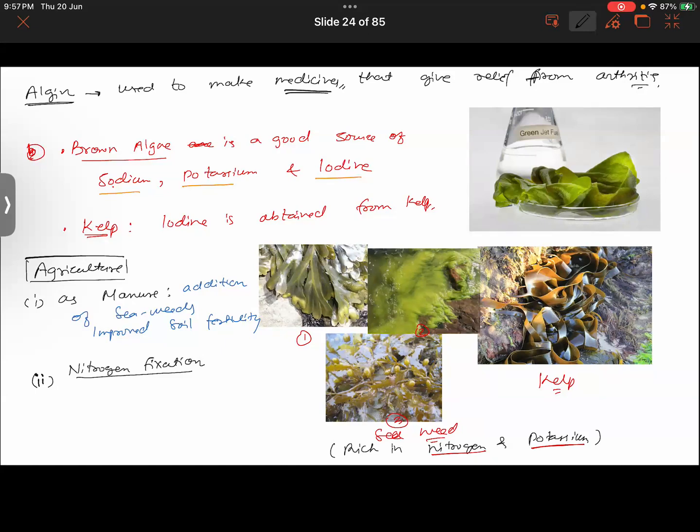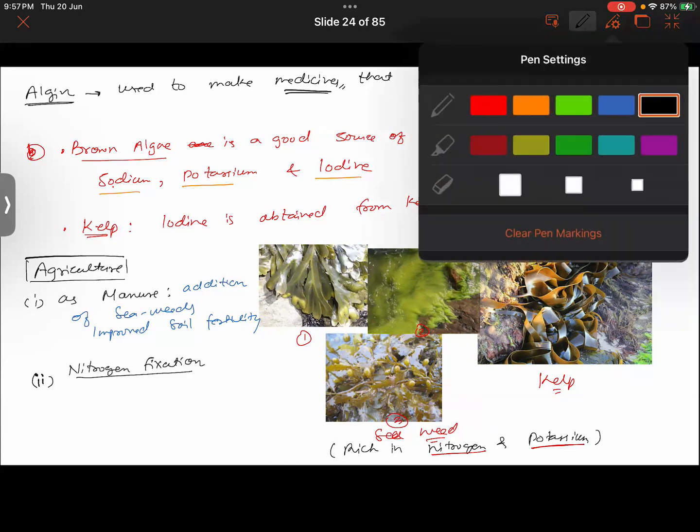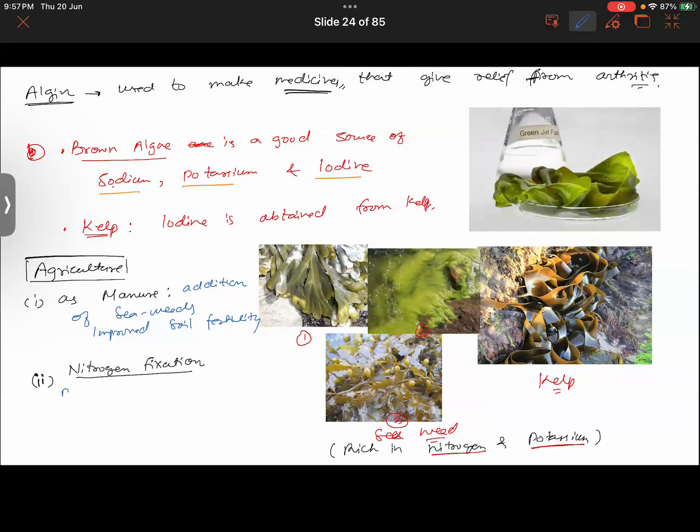See, apart from rhizobium bacteria, there are also some algae, like blue-green algae, which help in nitrogen fixation to the soil. Thereby, in the field of agriculture, they are also important in nitrogen fixation as well.